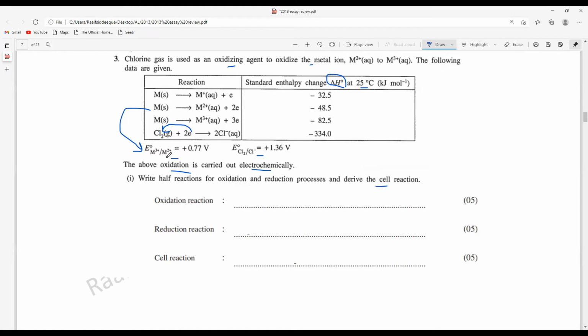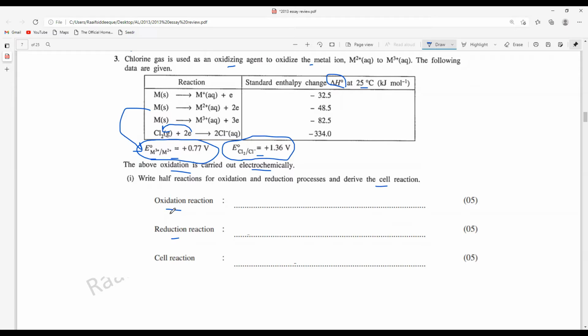You can clearly see this is one of the electrodes that they have given, and this is the other electrode. Now, how do you identify the anode and the cathode? Oxidation happens at the anode, reduction at the cathode.